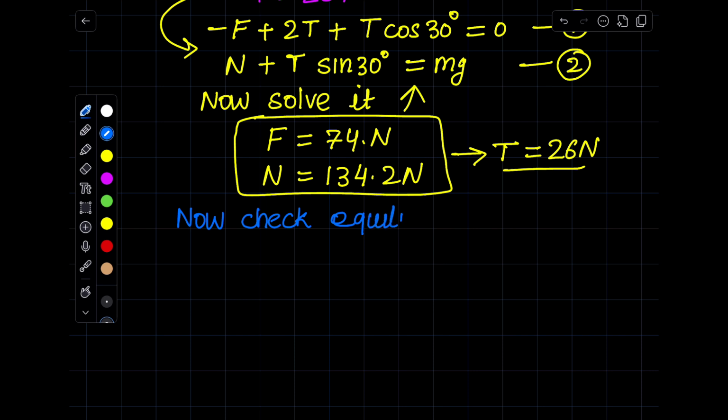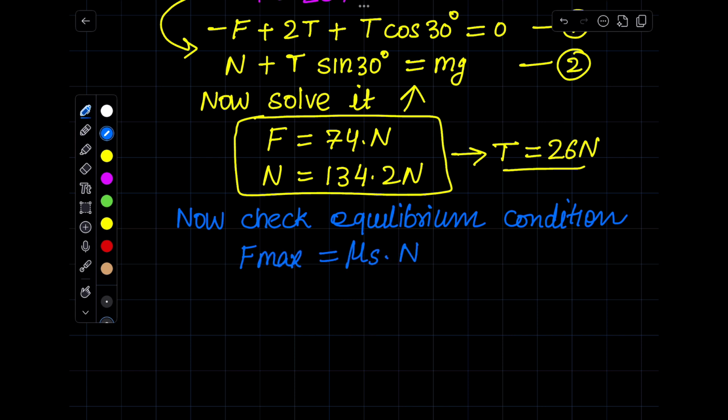Now our job is again to check whether this block will move or not. How can we do it? By using the static friction factor. We will use F max equal to the static friction coefficient multiplied by the normal force.